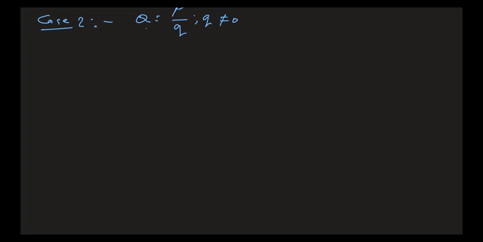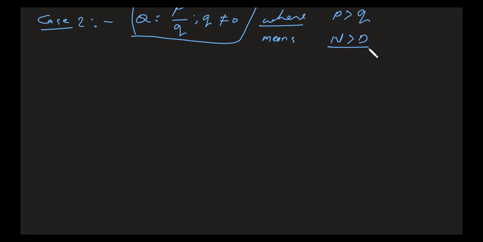This is the definition of a rational number. Where p is greater than q, meaning the numerator is greater than the denominator in this case.